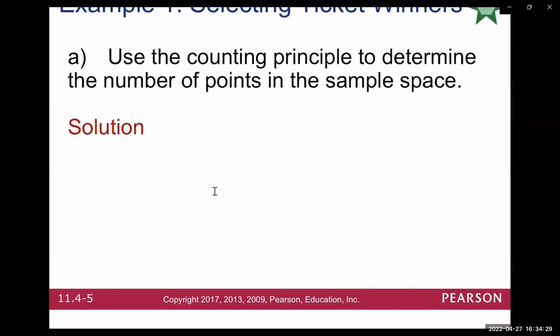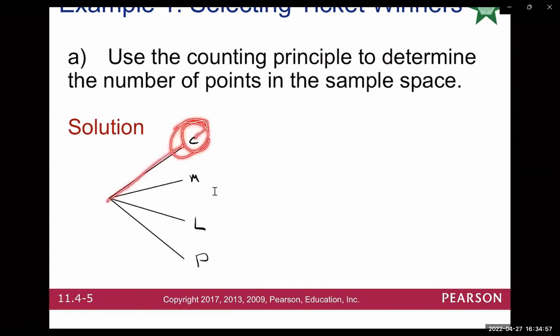So the first person can either be Christine, it can be Mike, it can be Larry, or it can be Phyllis. All right, so let's just say that Christine got selected.